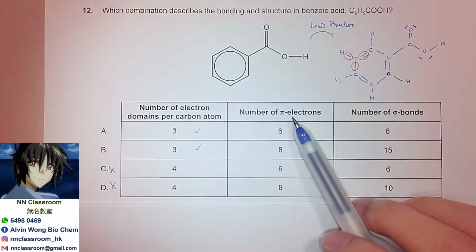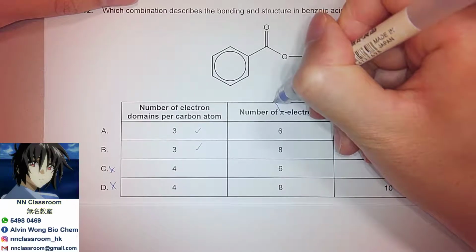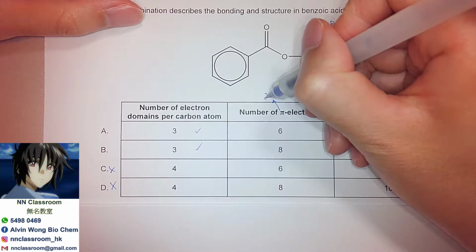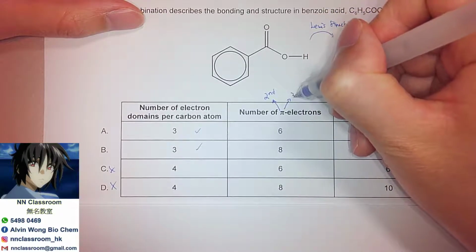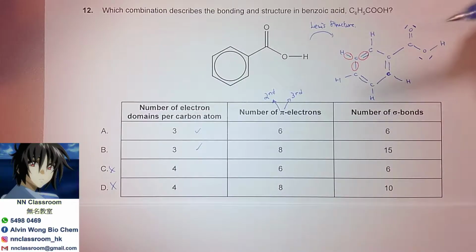Next, the number of pi bonds. Do remember what is meant by a pi bond. A simple understanding is that whenever there's a covalent bond, the second bond or the third bond in a double bond or a triple bond is counted as a pi bond.